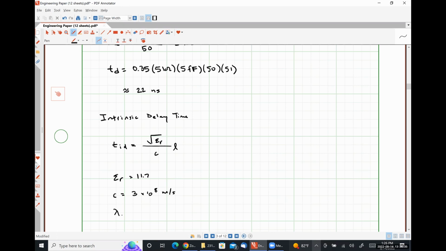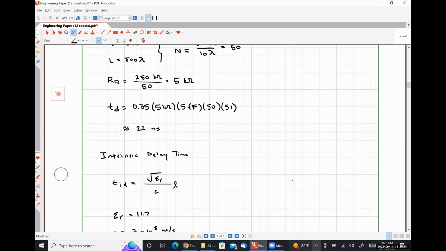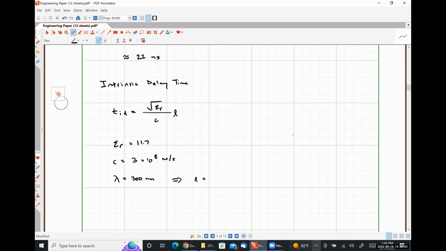So if lambda were 300 nanometers, then our length, L, is going to be, let's see, I think I said it was 500 lambda.